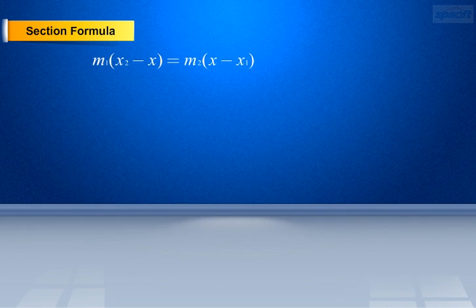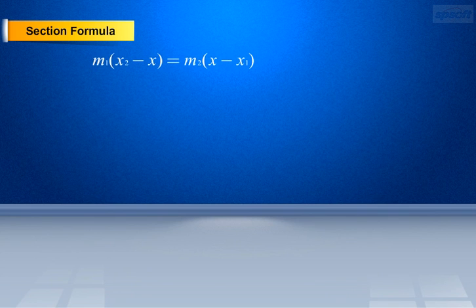So, the coordinates of the point P(x, y), which divides the line segment joining the points A(x1, y1) and B(x2, y2) internally in the ratio m1 to m2, are P(x, y) equals ((m1x2 plus m2x1) divided by (m1 plus m2), (m1y2 plus m2y1) divided by (m1 plus m2)).